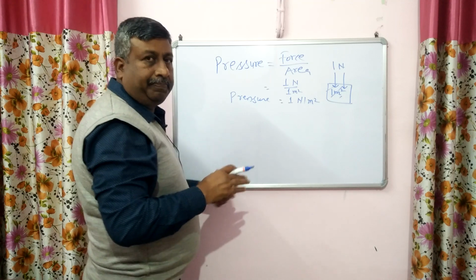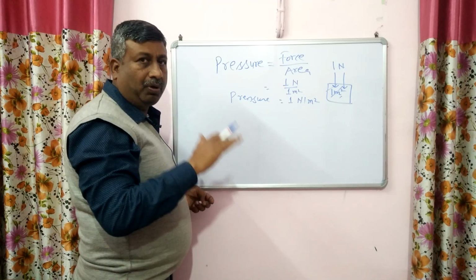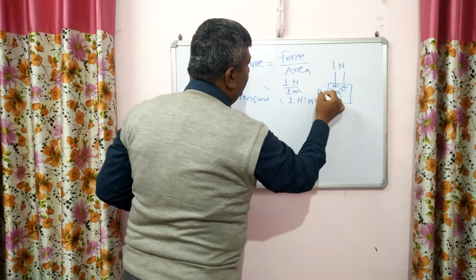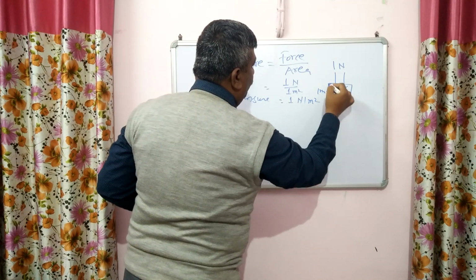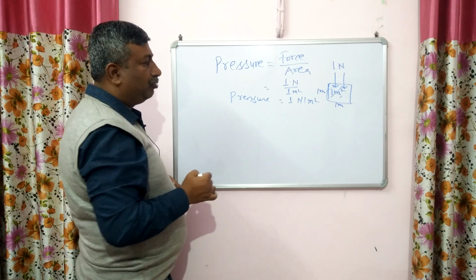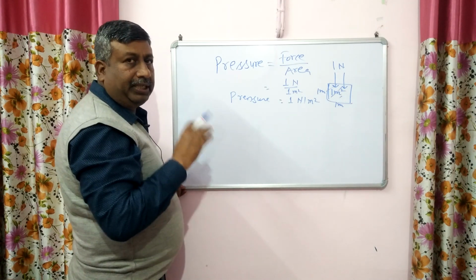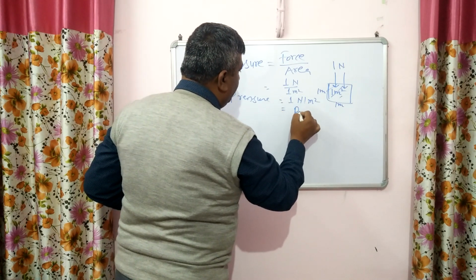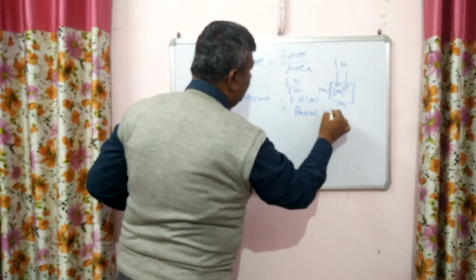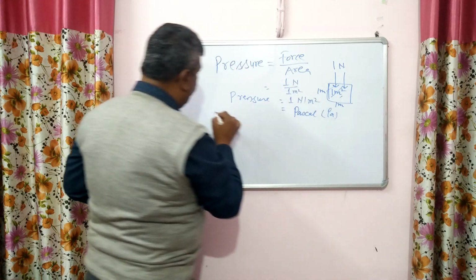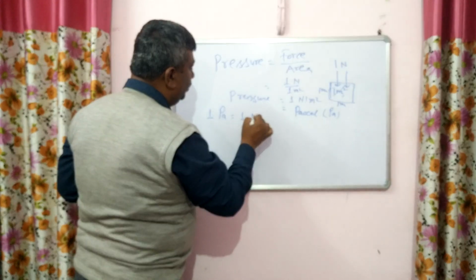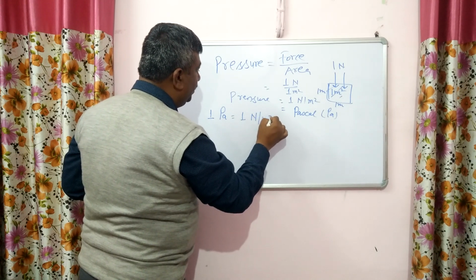It means we are putting 1 Newton force on 1 square meter area, that is 1 meter length and 1 meter width. This is the SI unit, International Standard Unit, and it is also termed as Pascal and abbreviated as Pa. So 1 Pascal is equal to 1 Newton force per unit area.